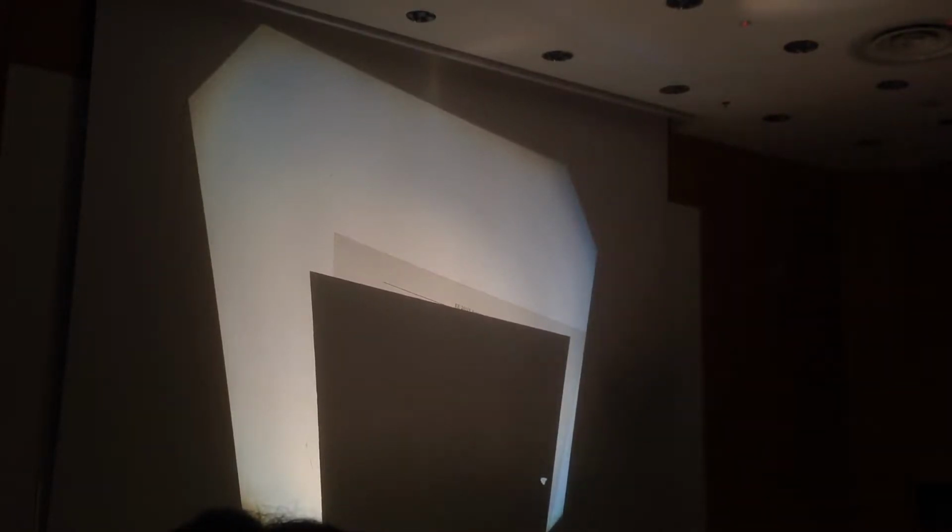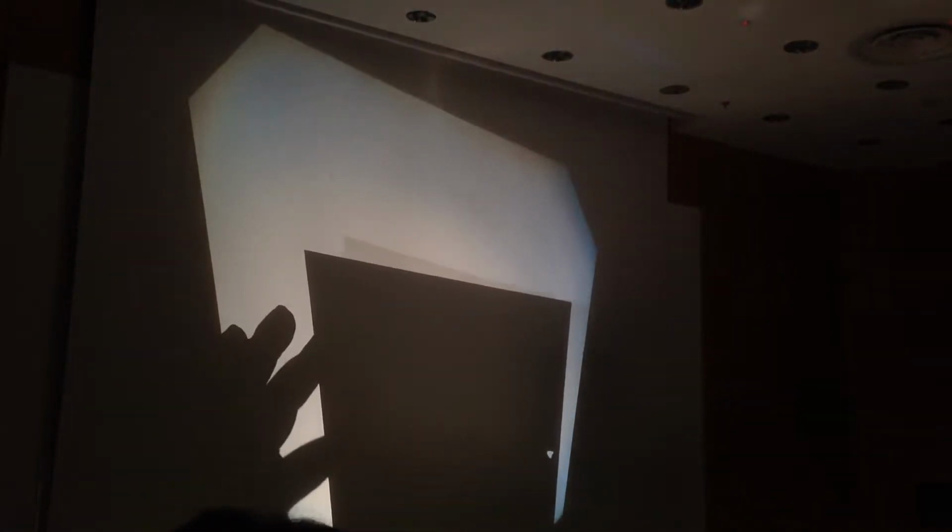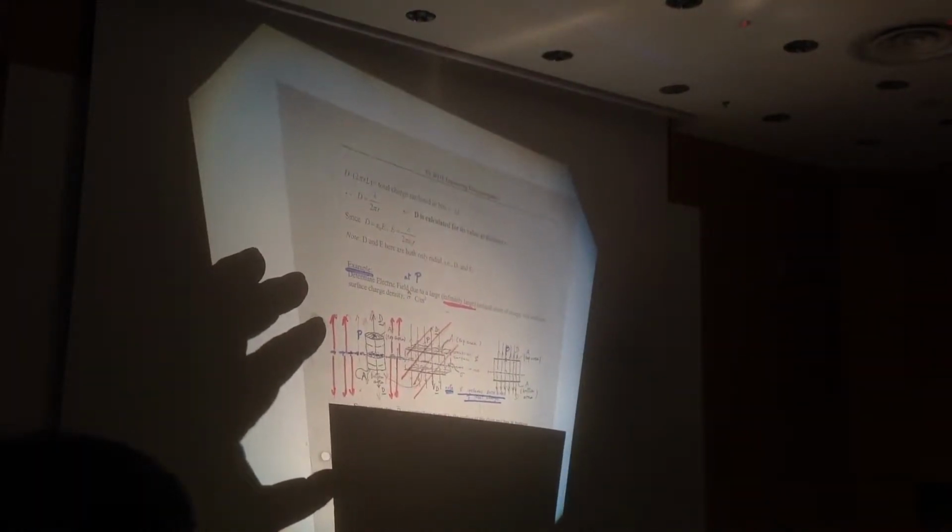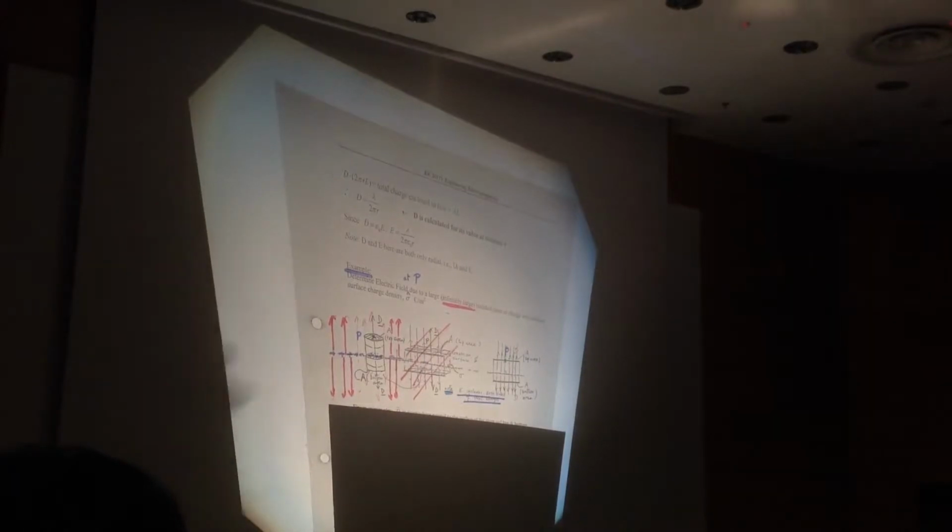The charge is given by sigma coulombs per meter squared, and the charges are equal on both sides. The sheet is so thin that sigma is the same on both sides. So you can see this goes to infinity.